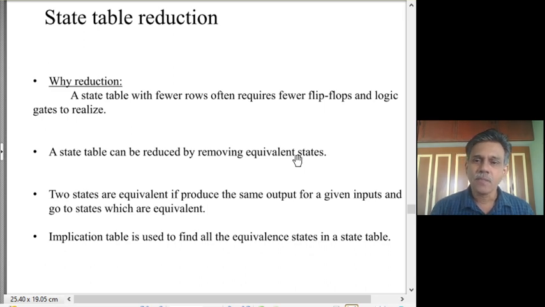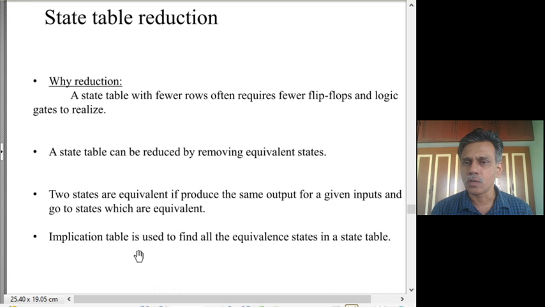Well, the way the equivalent states can be identified and the state table can be reduced can be carried out using a tool called the implication table. As the name indicates, it is a table giving the condition under which every pair of states in a given state table or a state graph can be equivalent.